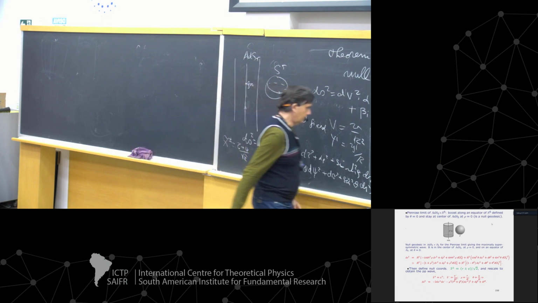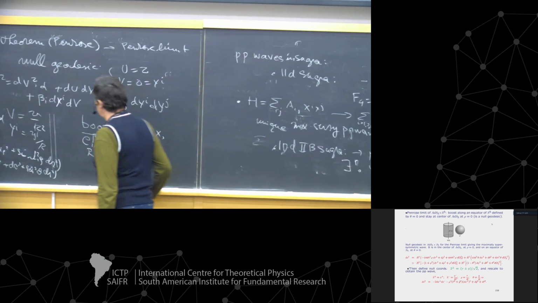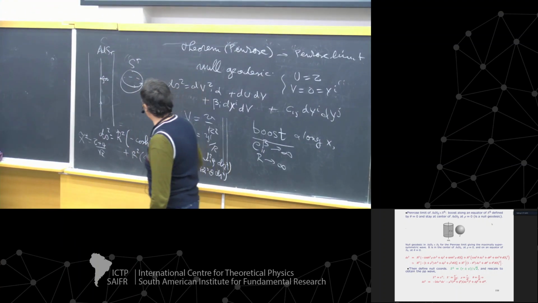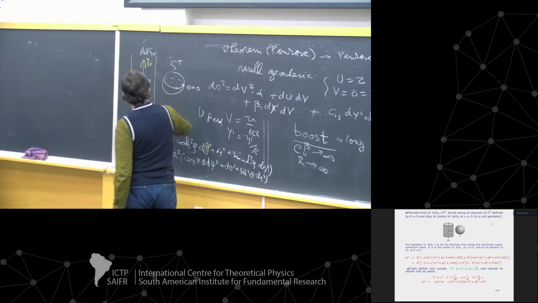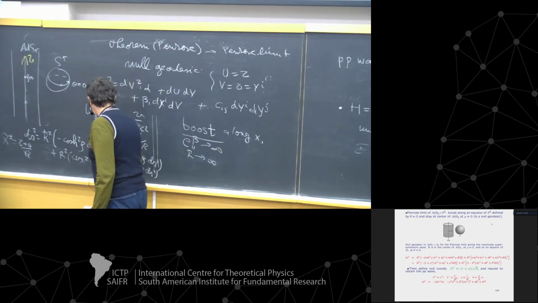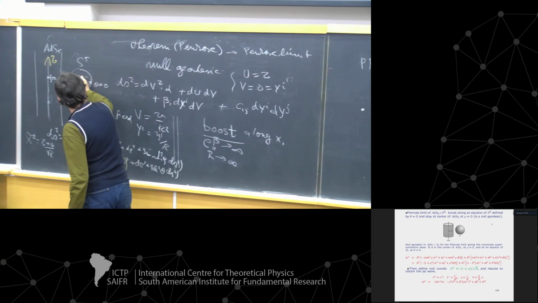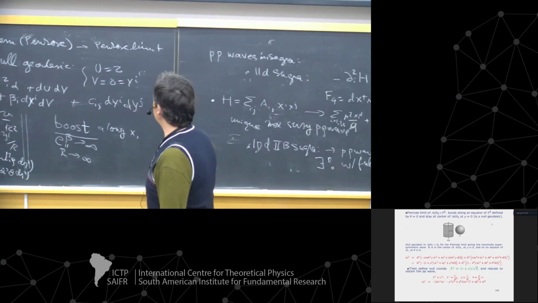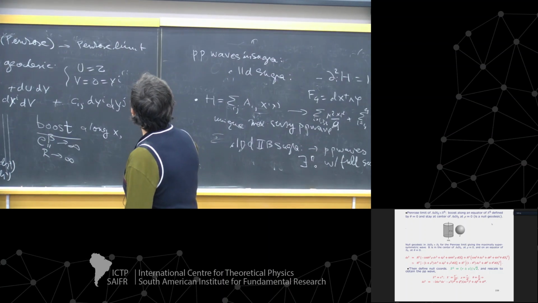So tau and psi were respectively the time coordinate in AdS and the coordinate along the equator of S5. And then we do the Penrose rescaling.